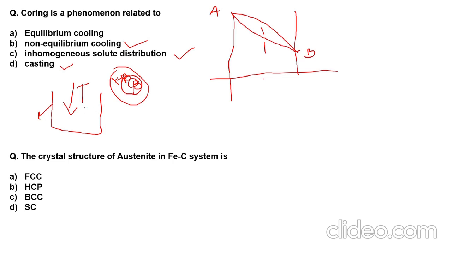This also results in coring because there is a thermal gradient in the system, and that is why in such casting processes you get a dendritic type of structure, or you get coring. So anything that results in a temperature gradient that allows one of the phases to solidify first will cause coring in the structure. It could be because of non-equilibrium cooling, inhomogeneous solute distribution, or casting.